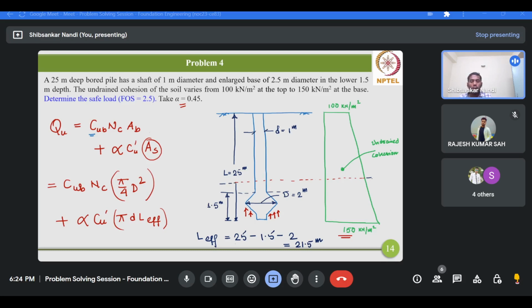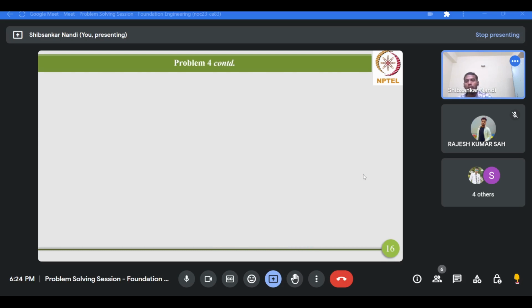Now how do we calculate the undrained cohesion at this level? We'll go for linear interpolation. At 0, the undrained cohesion value is 100 kPa. At 25 meter, it is 150 kPa, and in between it varies linearly. So for 21.5 meter we can easily calculate.